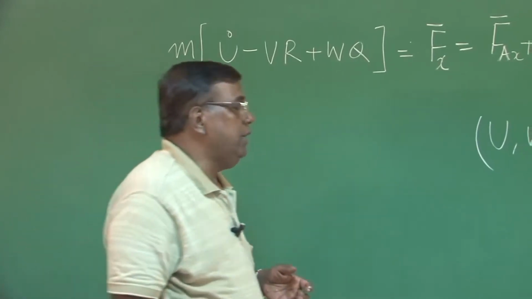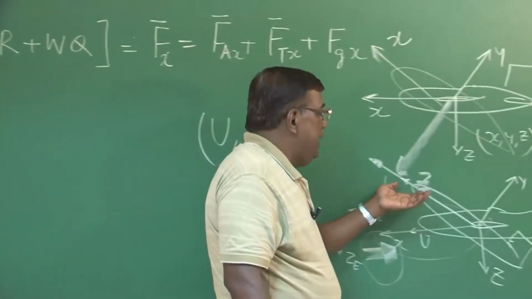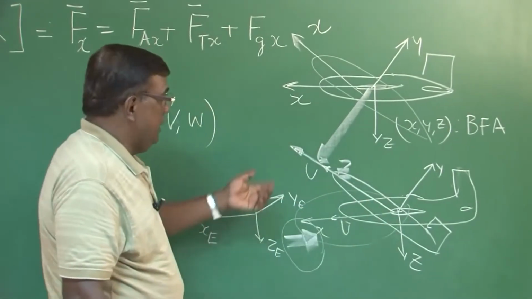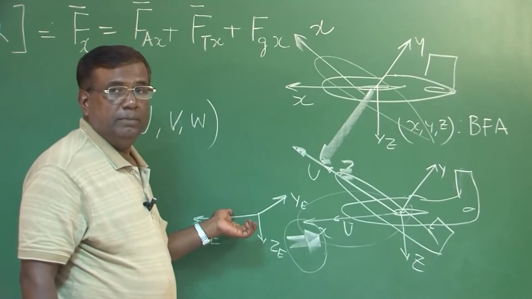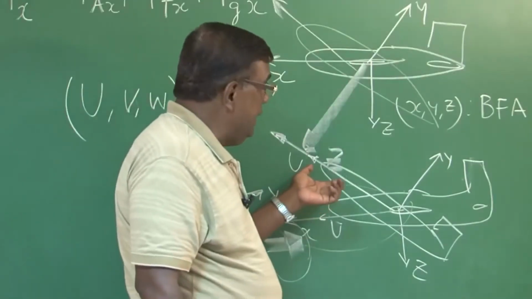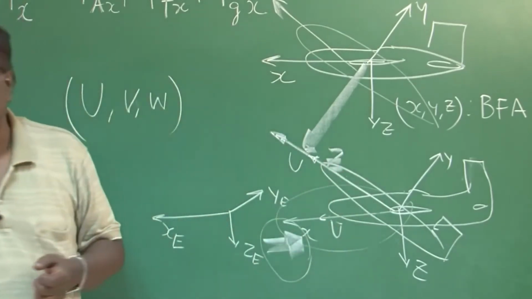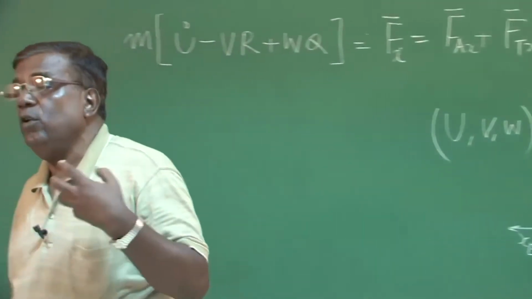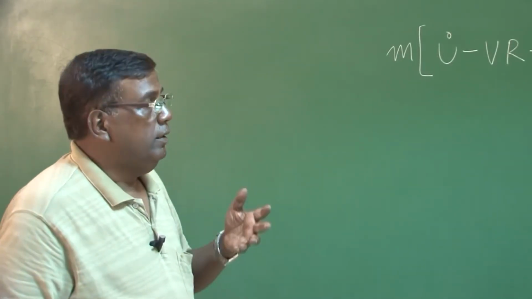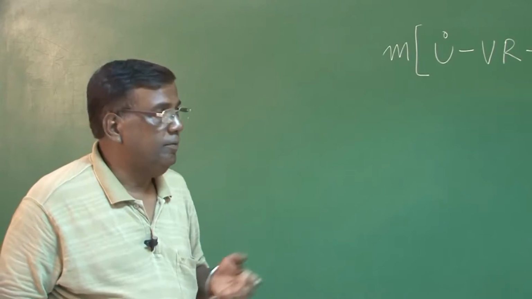So what is the way out? The way out is we measure the orientation of this body with respect to the inertial frame, right? That is the way we handle the orientation of the axis, or we try to locate the airplane with respect to the inertial frame.